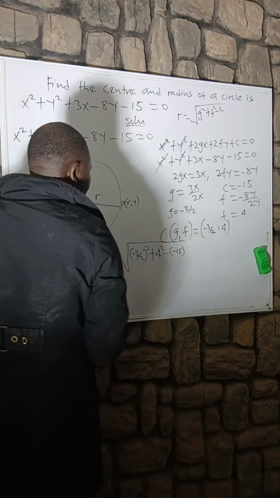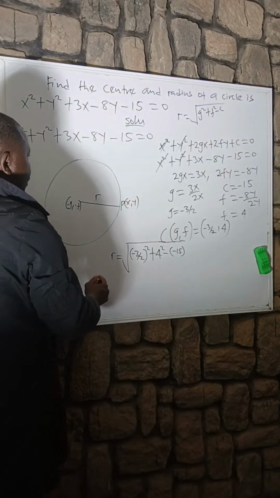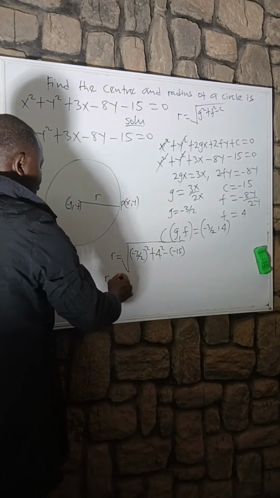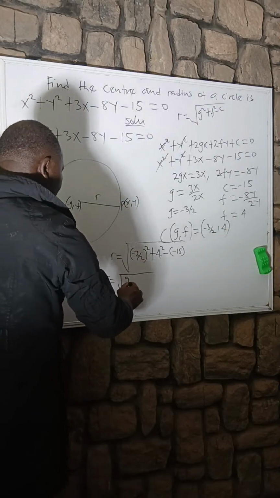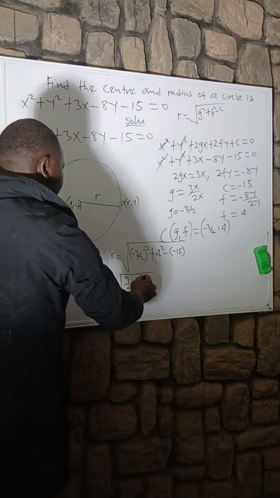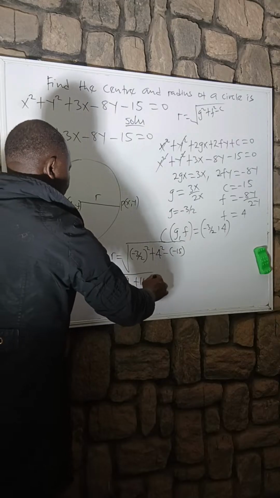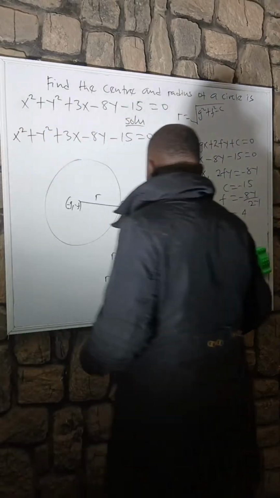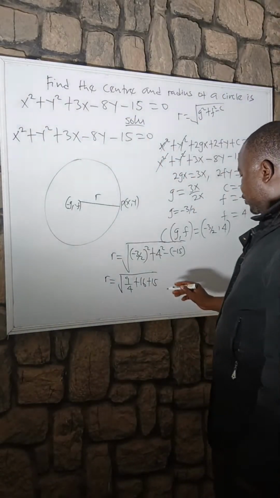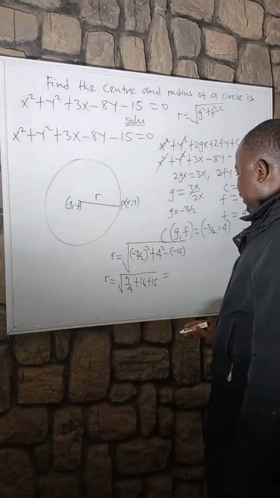So r equals the square root of 9 all over 4 plus 16 plus 15. So far so good.